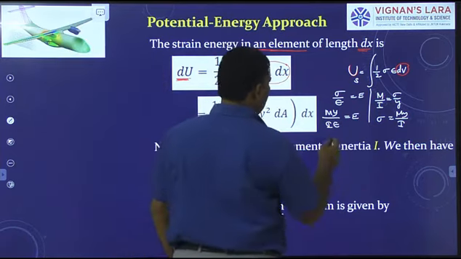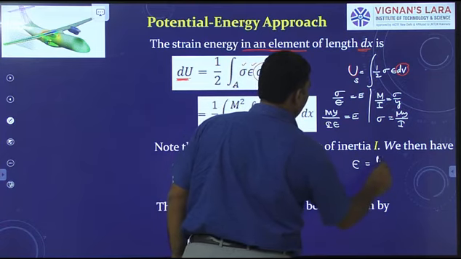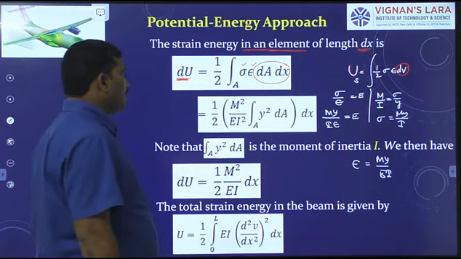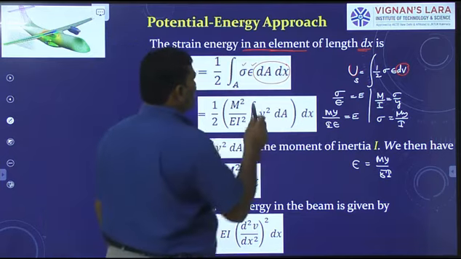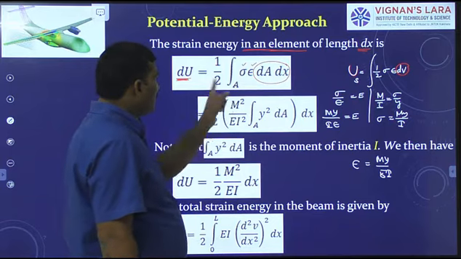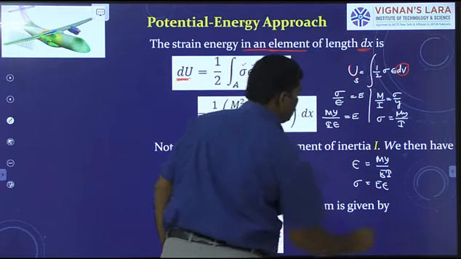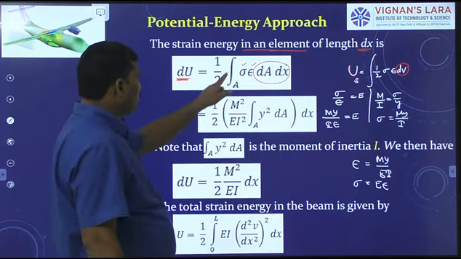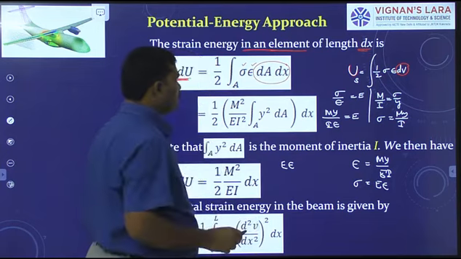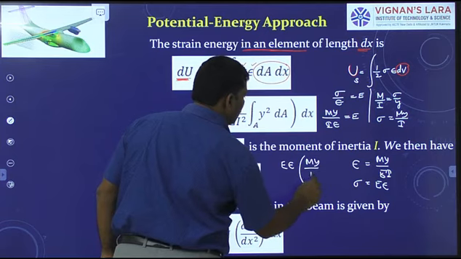Now what is epsilon here? Epsilon equals My by EI. Now I can replace this epsilon by My by EI. Now what I want is sigma. Sigma equals E into epsilon. Therefore, in place of sigma you write E into epsilon, and in place of epsilon My by EI, you write like this.